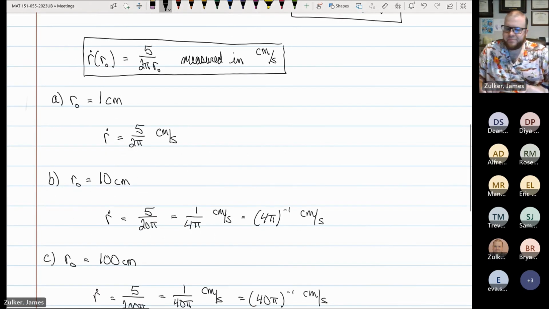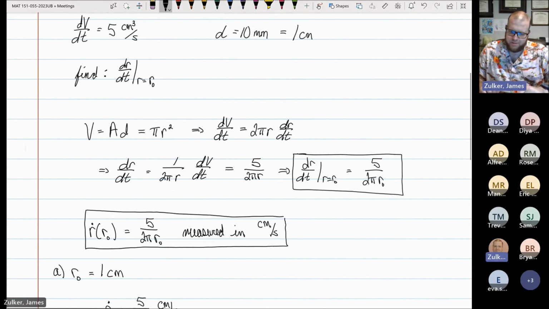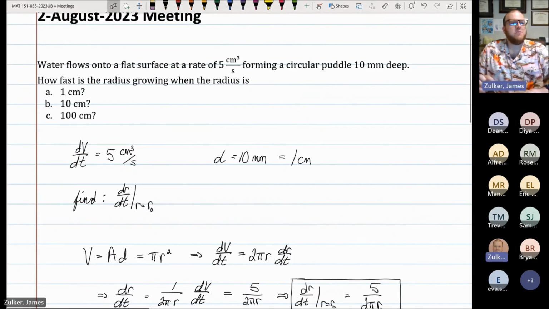Right, so first thing you want to do is first just read the problem. Then go back and reread it and write down the information that you're given, as well as what you want to find.